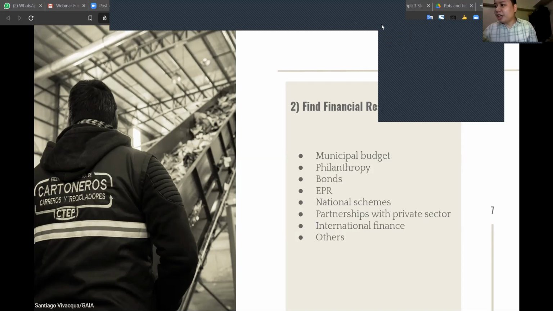Other options: some cities also look into offering bonds to help finance projects. Bonds are important for a lot of cities to fund big infrastructure projects. The drawback for bonds, for example in the U.S., is that they would cost at least $10 million.